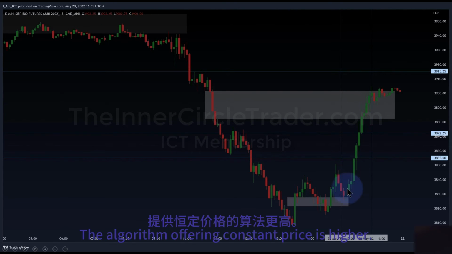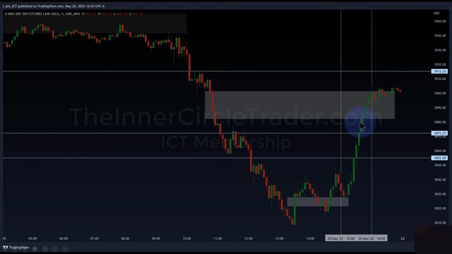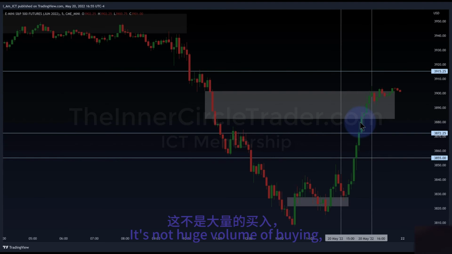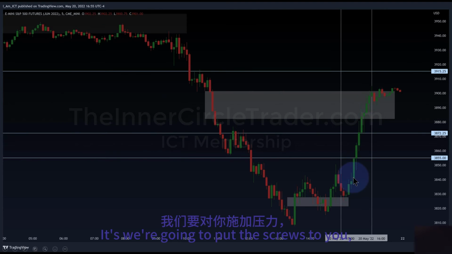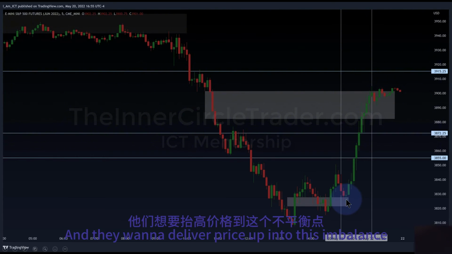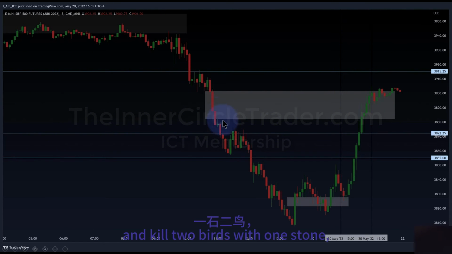The algorithm offering constant prices higher causes, by default, traders to be squeezed out of their positions. It's not huge volume of buying. It's, we're going to put the screws to you, and we're going to keep driving it up into a level where we want it. That's because smart money bought down here and here and here, and they want to deliver price up into this imbalance and kill two birds with one stone, maybe three birds.